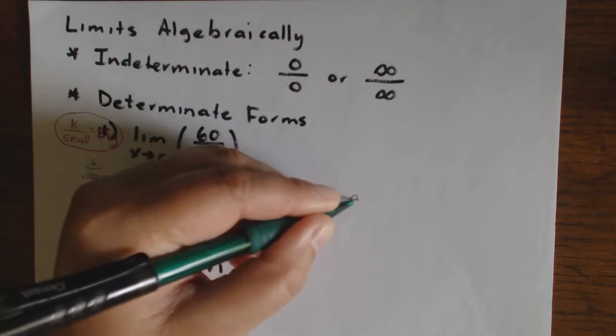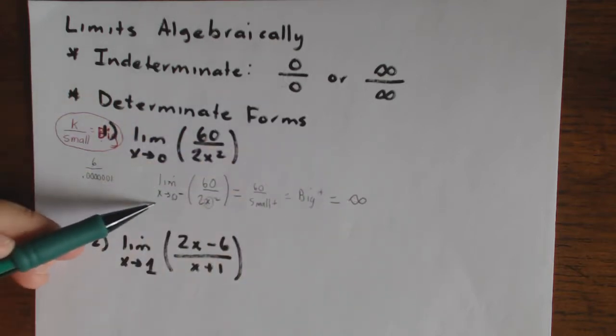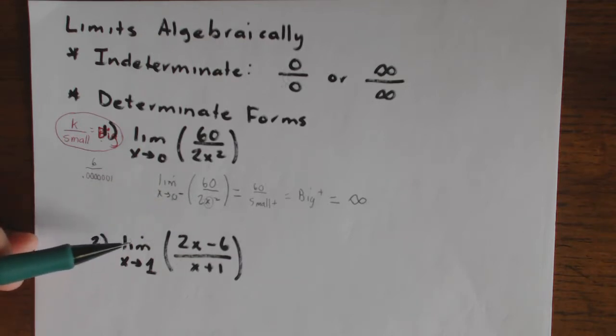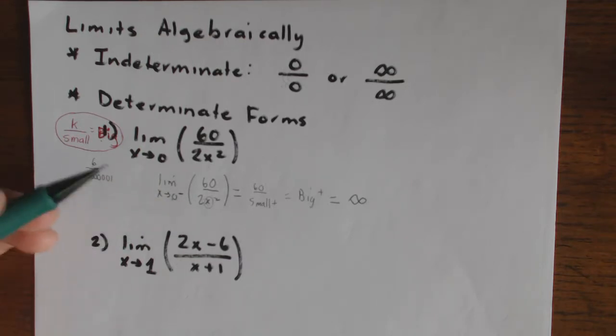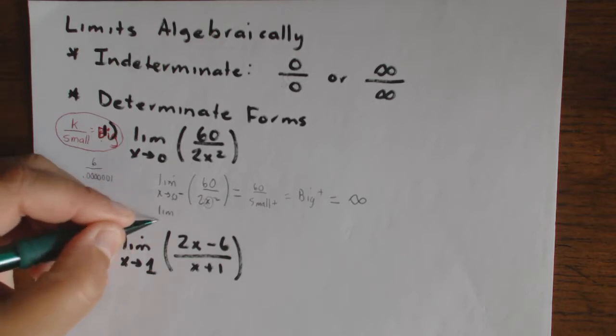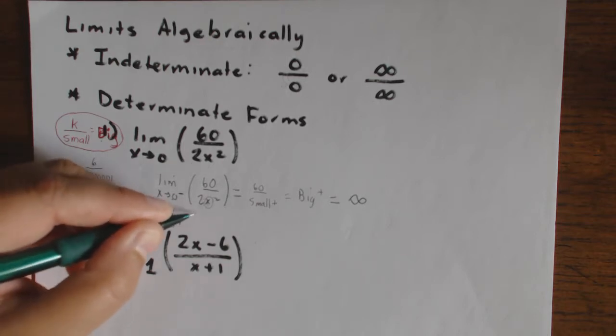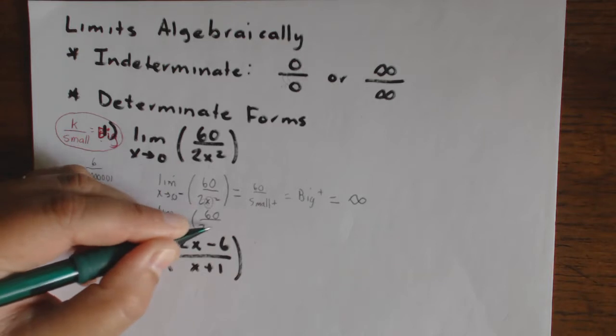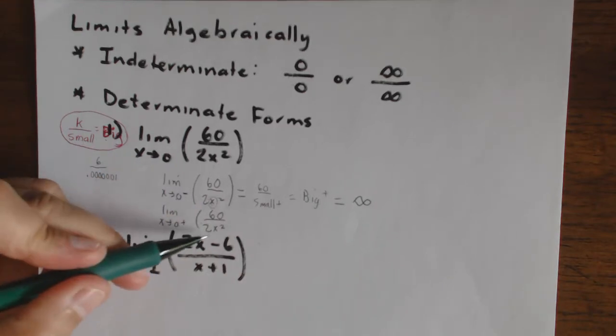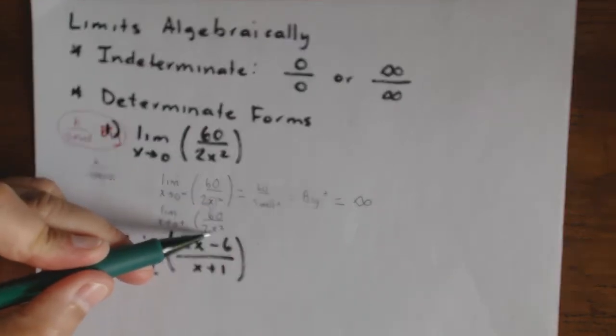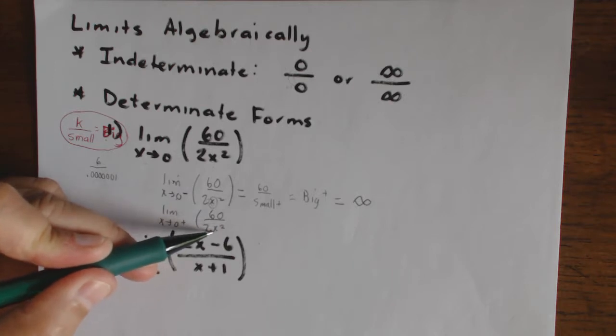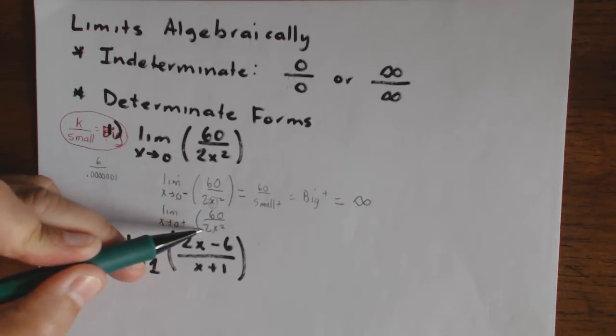In other words, the limit of this function as x gets really close to 0 from the left is heading towards infinity. Alright, if you look at the limit as x approaches 0 from the right, then the same exact thing is going to happen. If you put a really, really small number that's positive and square it, you get a really small positive number times 2.